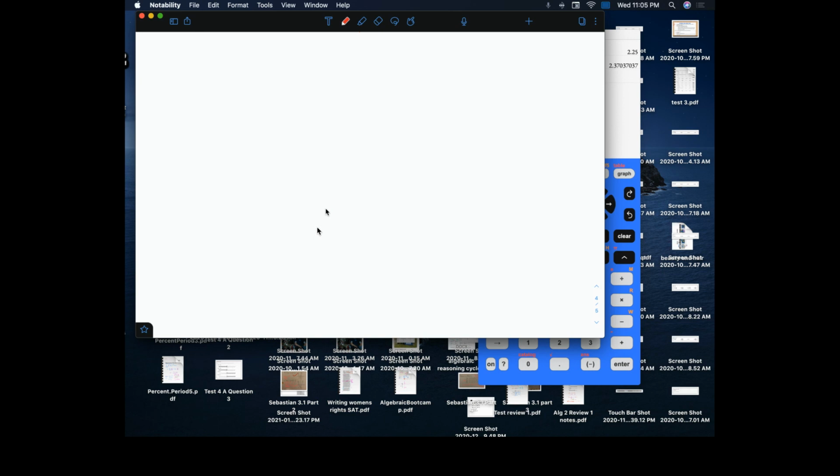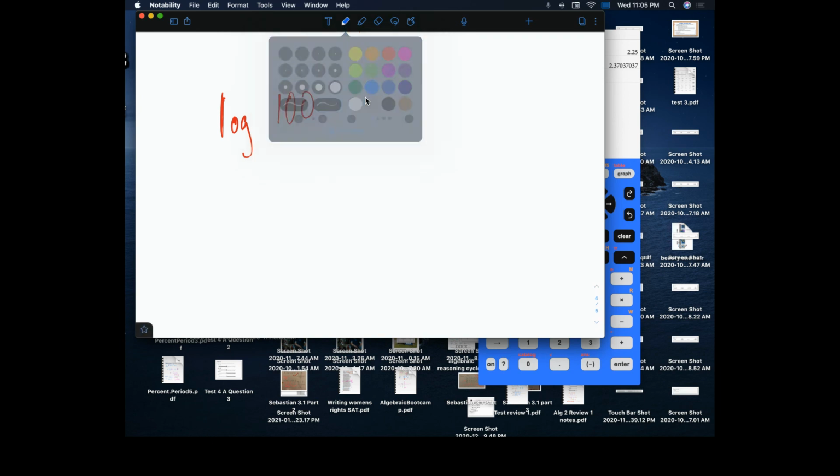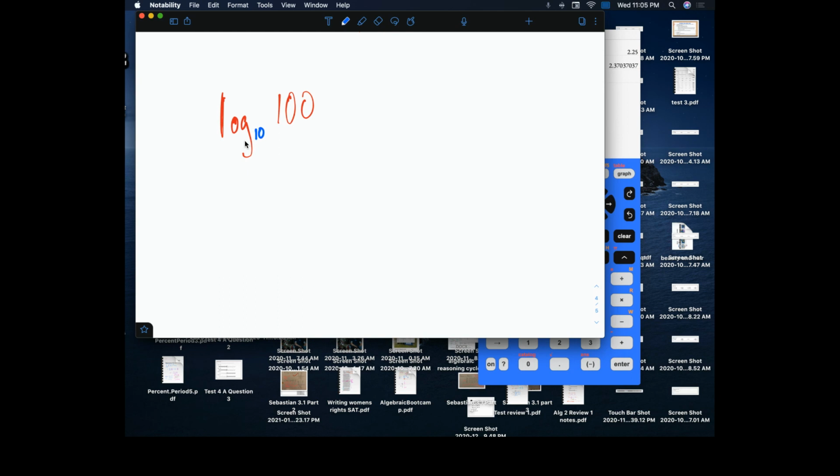In order to solve some of these problems, we're going to have to use what we call logs. Okay. Now, there's 2 types of logs that we want to talk about. The first is if you see a situation like log, let's say log base. Well, first off, if you just see log of some value, like let's say log of 100, okay, what you need to understand is that what's implied is that there's a base here of 10. So if there's no number written, it's base 10. In other words, log base 10 of 100 is the same thing as saying log 100.